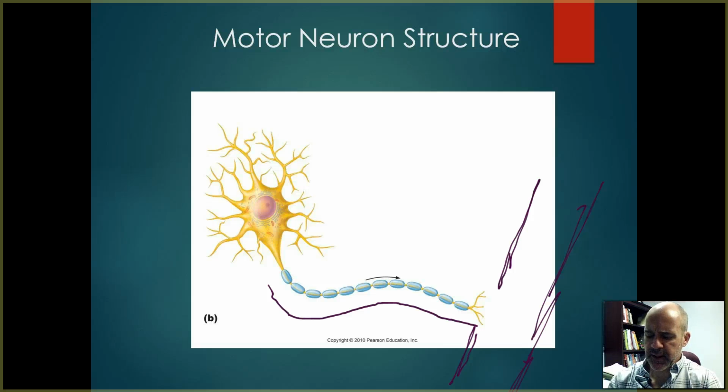And then remember the axon can form branches like you see there. And those branches are all going to extend outward.